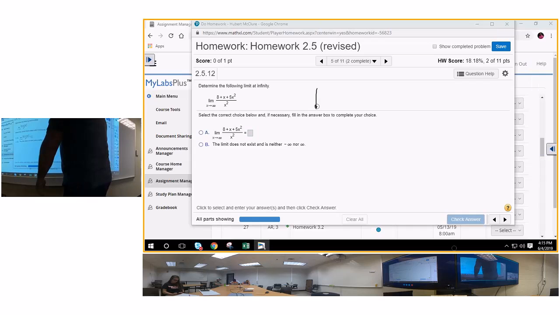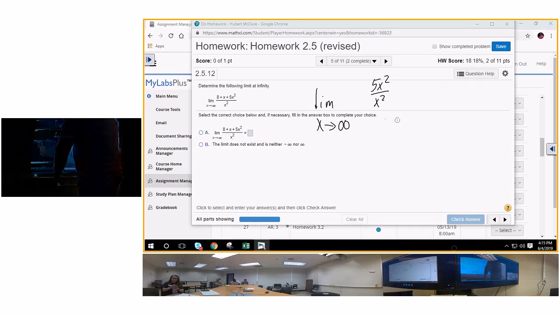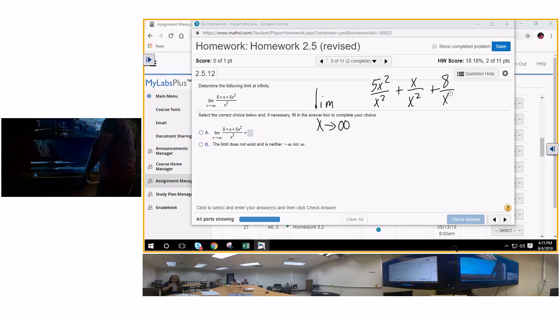Limit as x approaches infinity, and I'm going to go ahead and divide everything: 5x squared over x squared plus x over x squared plus 8 over x squared.